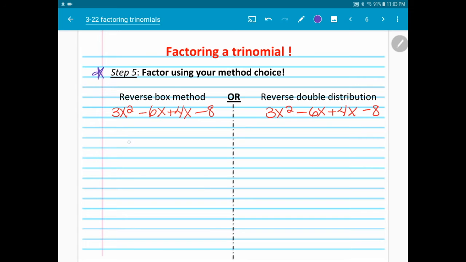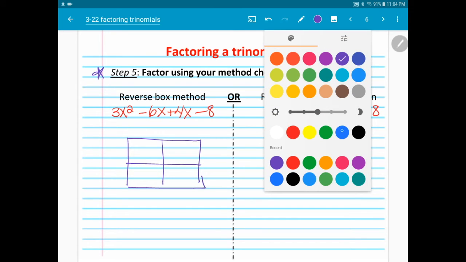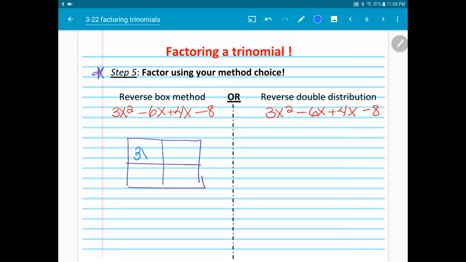All right, so reverse box method. I have 4 terms. When we distributed, they went on the outside. When we're factoring, they're going to go on the inside. And I'm just going to put those in that order.